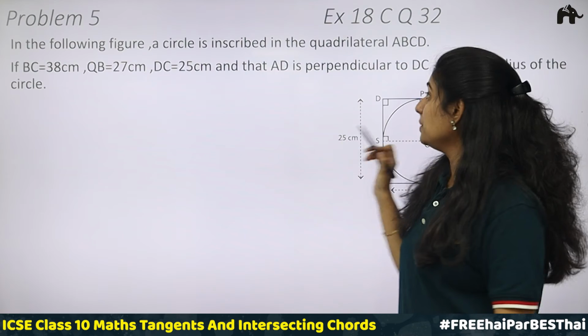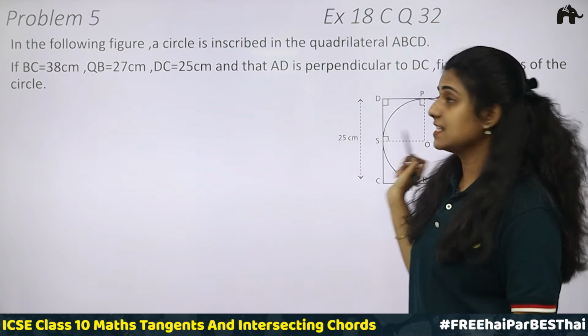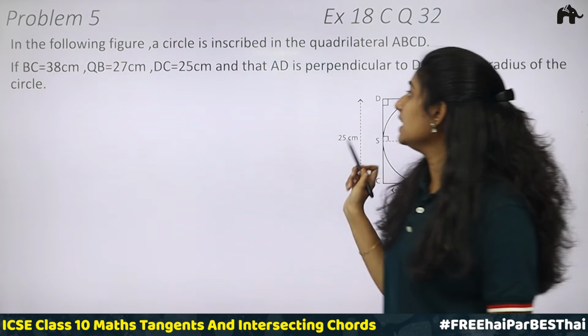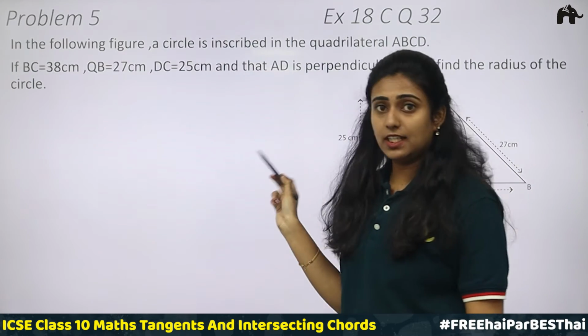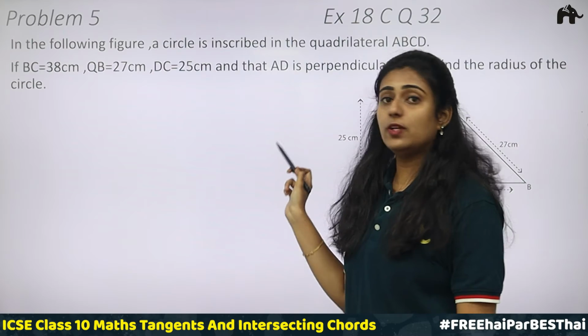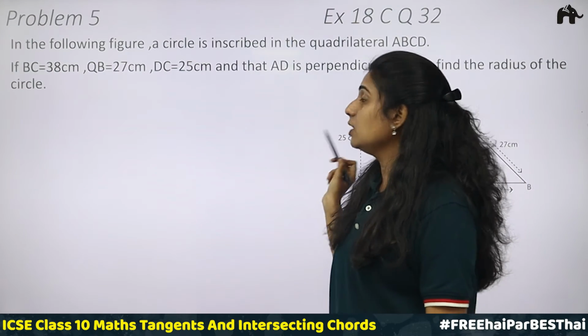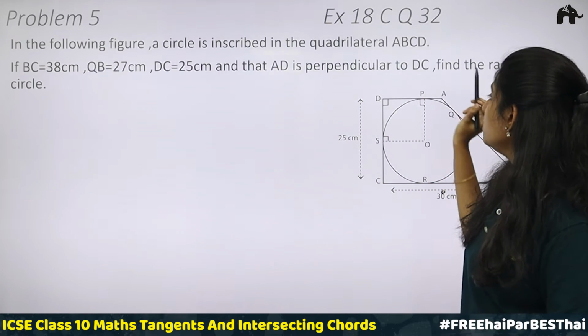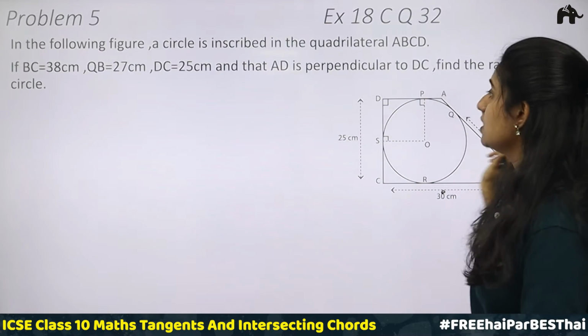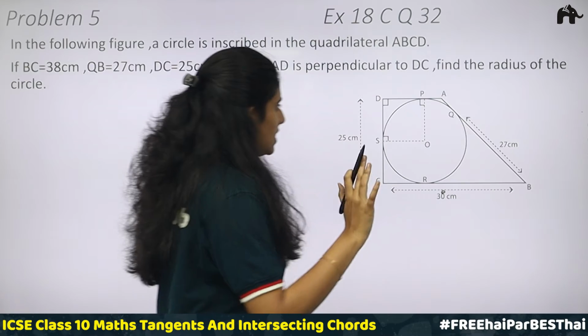Understood this? Next, problem number 5, question 32 of exercise 18C. In the following figure, a circle is inscribed in the quadrilateral ABCD. If BC is equal to 38 cm, QB is equal to 27 cm, DC is equal to 25 cm, and AD is perpendicular to DC, find the radius of the circle. Here we have the circle.